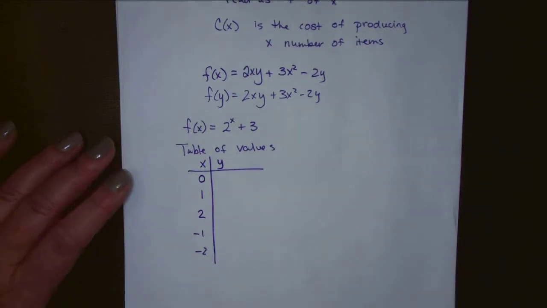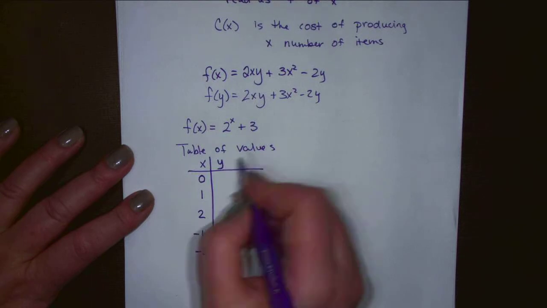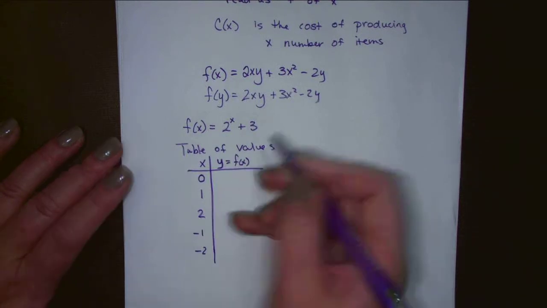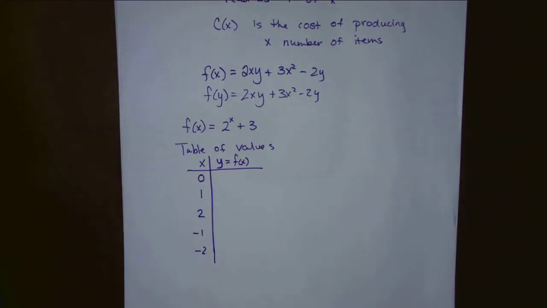Okay? And I put y here, but you could write f of x. They mean the same thing, so it doesn't actually matter which one you put. Now, what do we do to fill out the table values? We just plug those numbers in and work it out. And these are exponents, so we're just going to practice this.